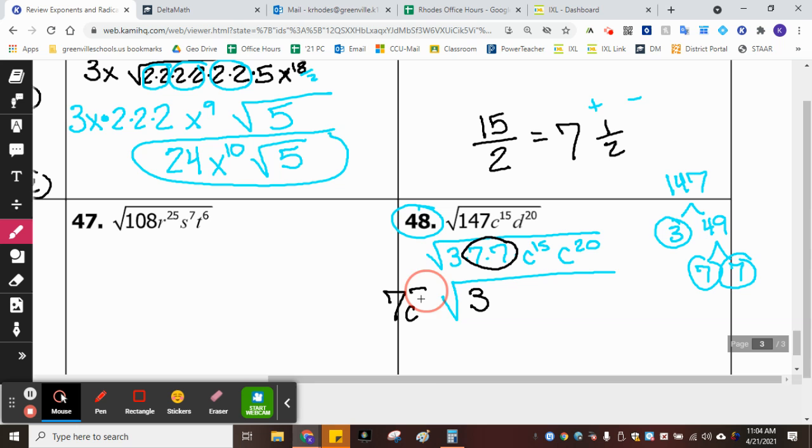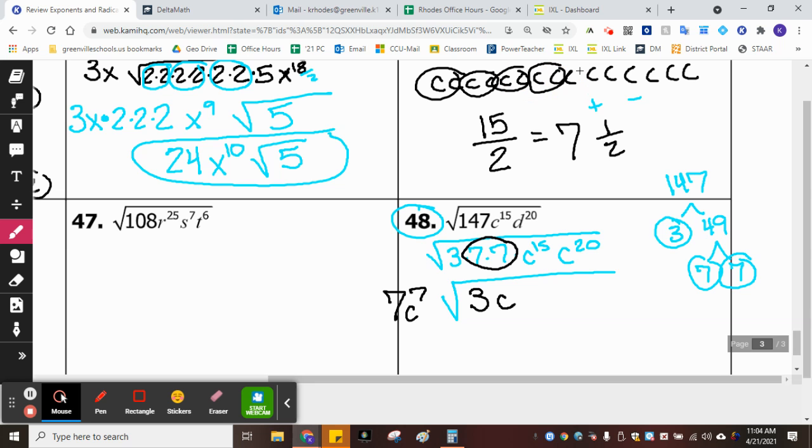So I'm going to pull a 7 out. And that means there's 1 left in. If you don't get that, you can write out 15 C's. I have 7 on the outside, and then this one wasn't circled, so it's left on the inside.